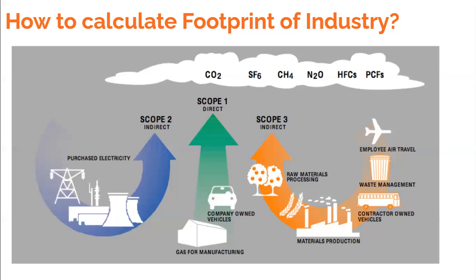The basic principles of calculations remain the same. So the emission factors which were discussed earlier, they remain the same when we calculate the carbon footprint from purchased electricity. We calculate the emissions from diesel operated vehicles, both the company owned vehicles as well as contractor owned vehicles, or even the oil fired aeroplanes.